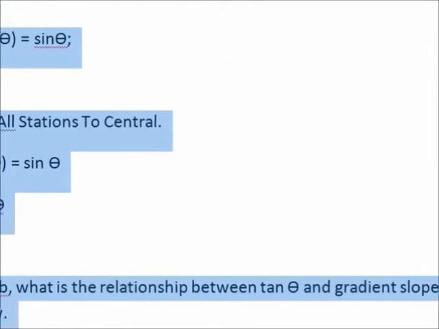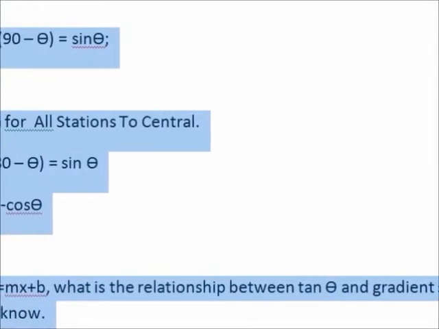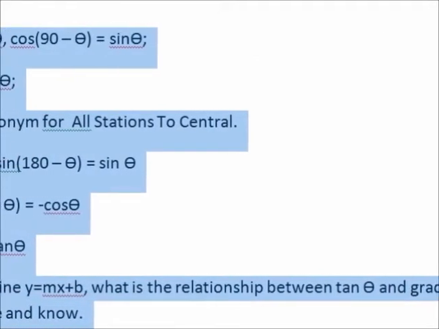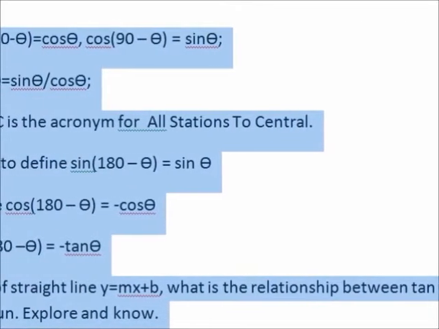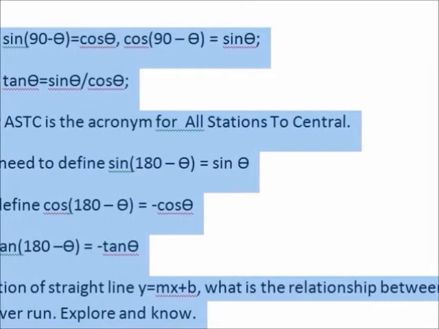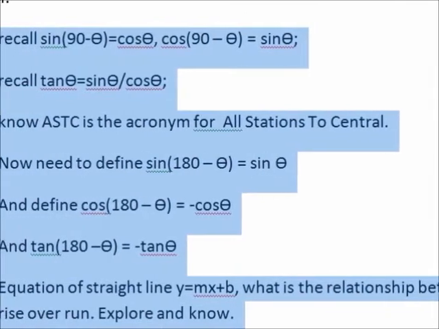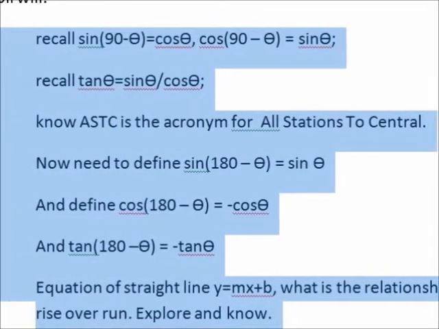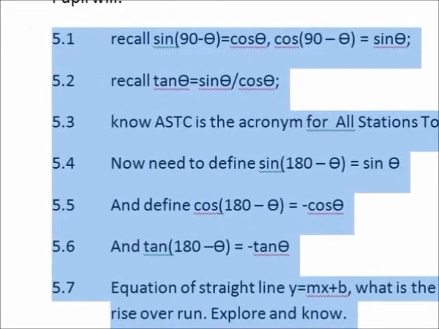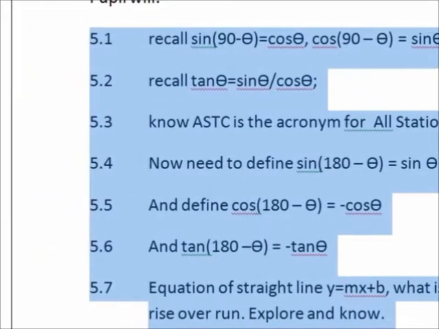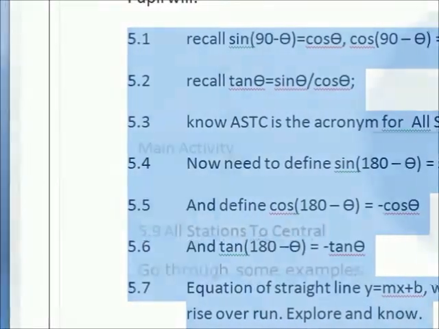So lesson 5 covers that material, plus it's a natural extension into the reflex angles, 180 minus theta. I introduced the students to a little bit of extended work in this lesson, in case some of them choose to go down the extended path from Year 9.